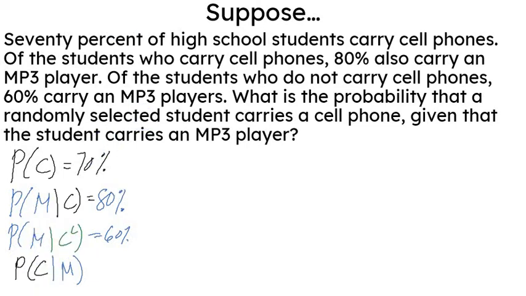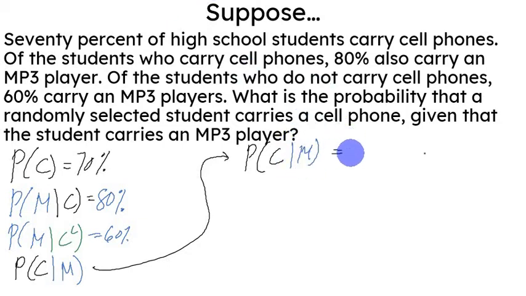Now, we know from conditional probability that the probability of event C given event M happening would be the probability of C and M happening all over the probability of M happening.